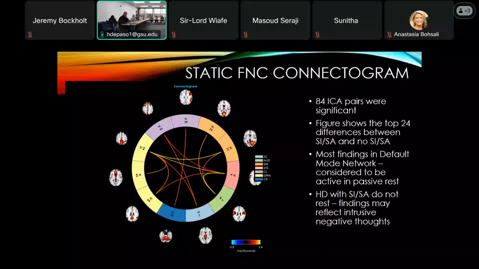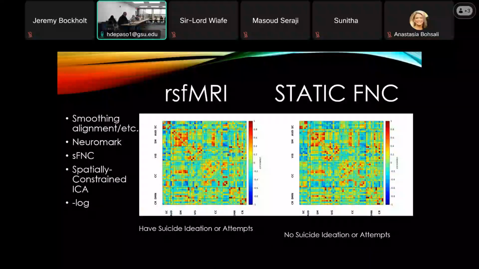I'm going to highlight. Is this the difference? This is the difference on the static. So is it suicidality minus... No, go to the previous slide, sorry. So static FNC, rest... I think it's just a mislabeling at the top.